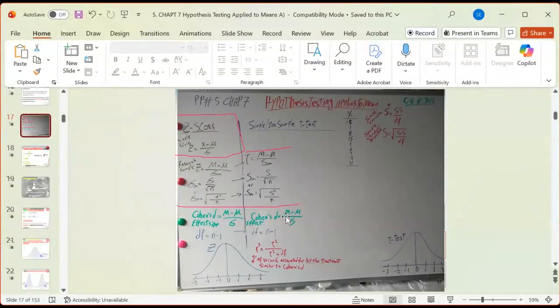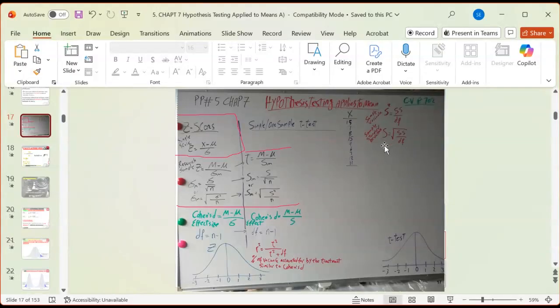So back to our formula, it's the same thing. For the standard error, there are 2 ways to calculate it. And instead of the standard deviation of the population, lowercase sigma, you use S, which means the standard deviation for the sample.